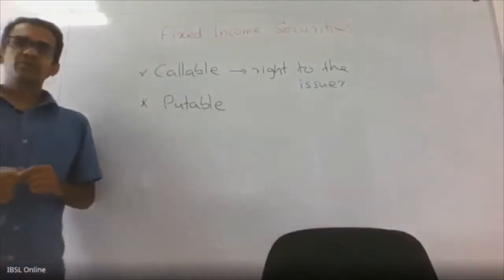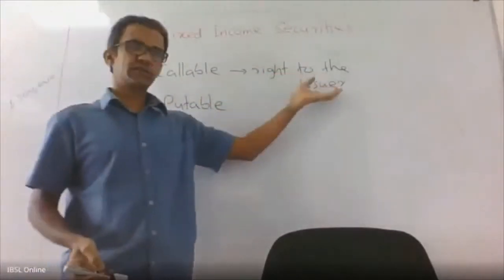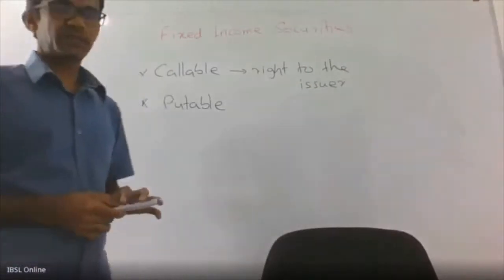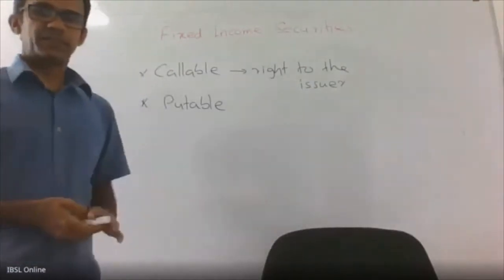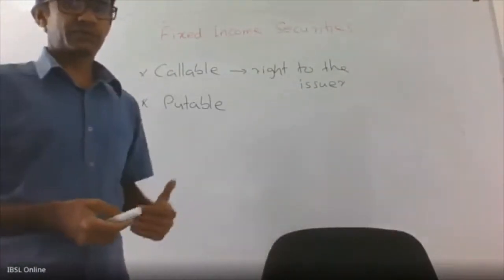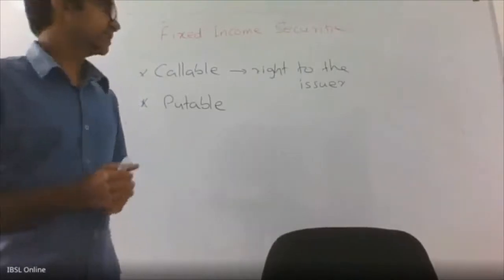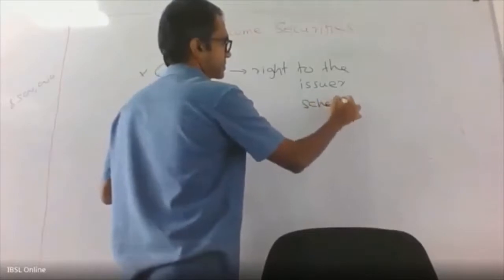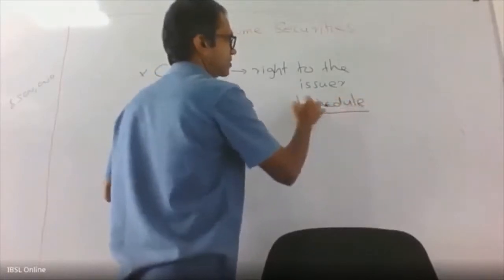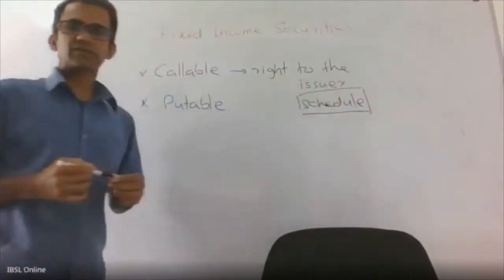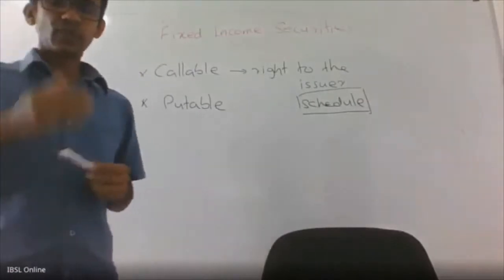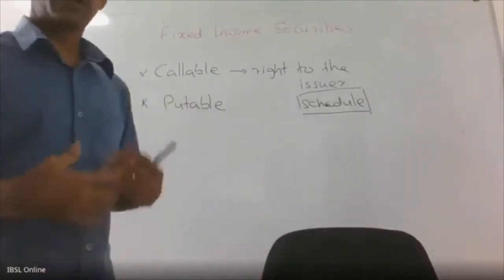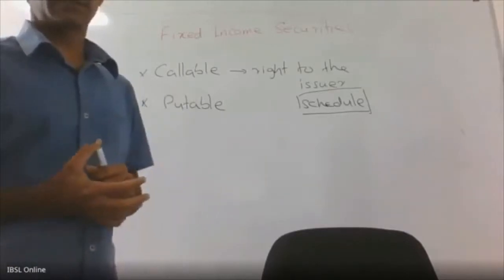In a callable bond, there's a right to the issuer to early redeem the bond. That means pay back the principal before the maturity date. But there's a schedule. According to a schedule, on that scheduled date, the issuer can recall the bond and pay back the investors.